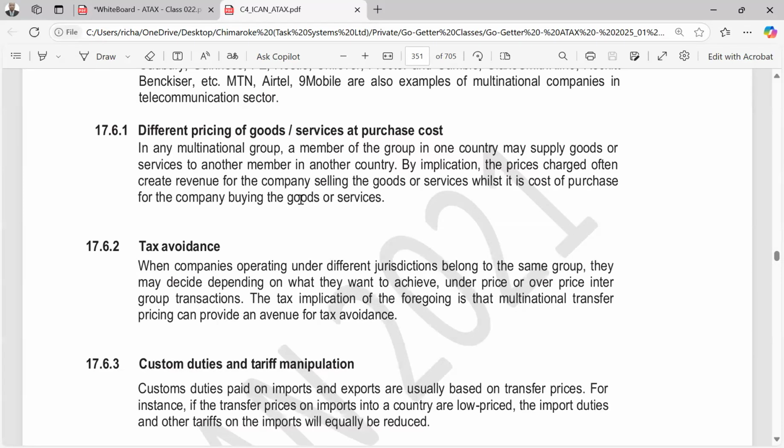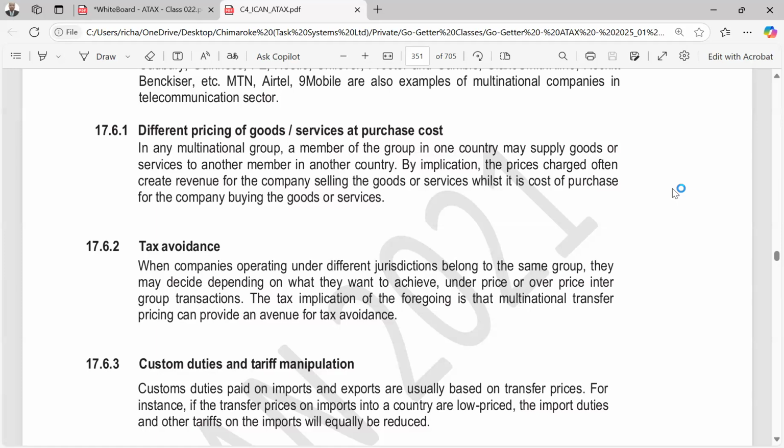All right. In a multinational group, a member of the group in one country may supply goods or services to another member in another country. So that is a transfer. And the price charged when they are making these things becomes revenue for the person selling, and it's a cost of purchase for the person that is buying.